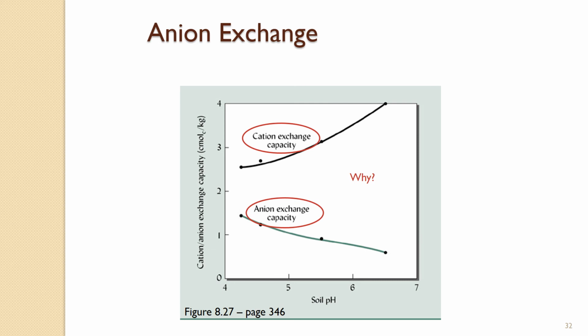So as pH increases, anion exchange capacity goes down and cation exchange capacity increases. Make sure you understand why. If you have any questions, please reach out to me, and definitely prepare the study guide. This is the harder of all of the chapters. I don't try to make it, it's just people really struggle with the chemistry. So remember, there's an influence of pH here.